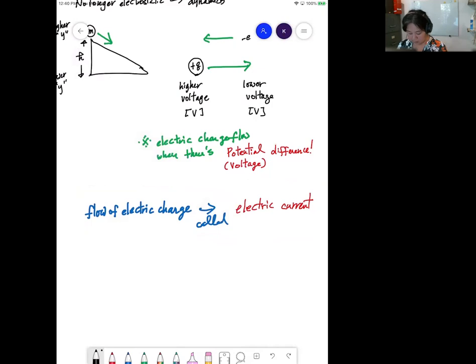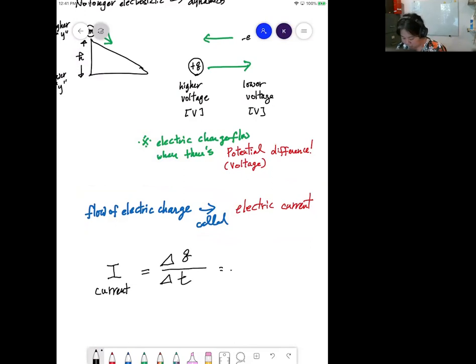We use the notation I. Typically, we use I to represent the electric current, equal to the change in charge per interval of time.